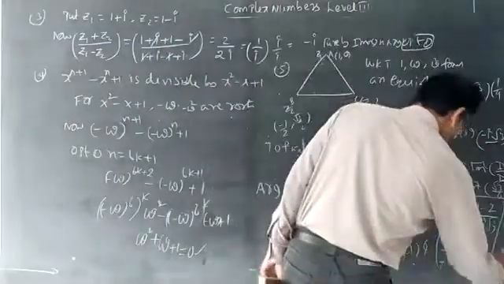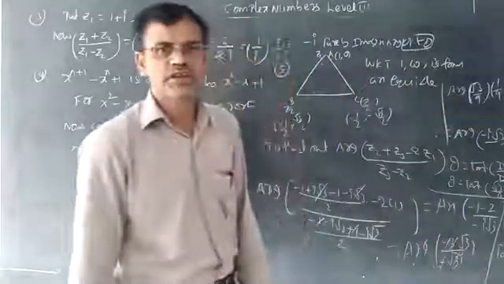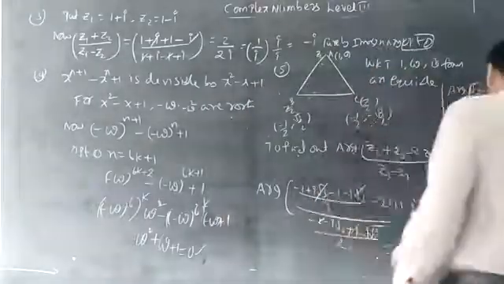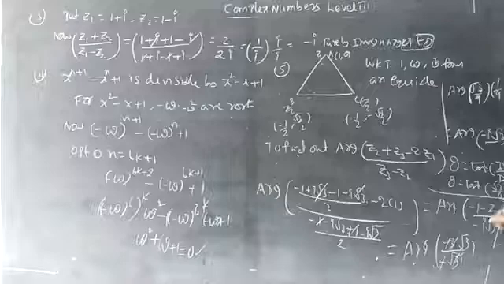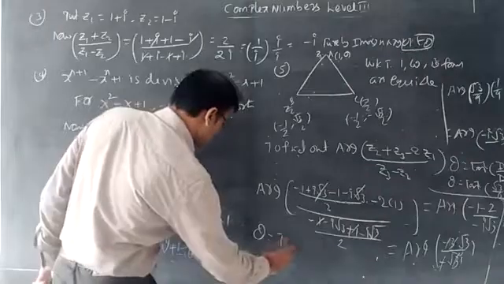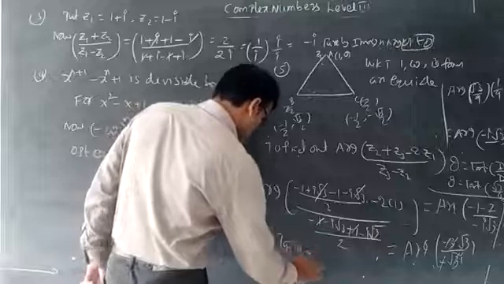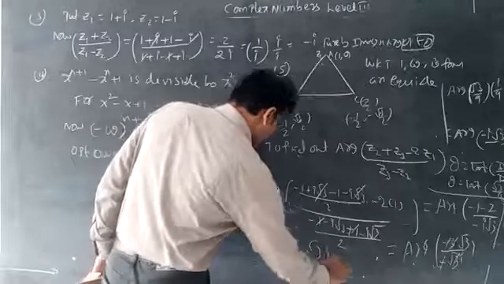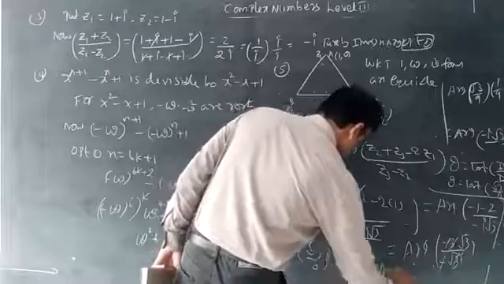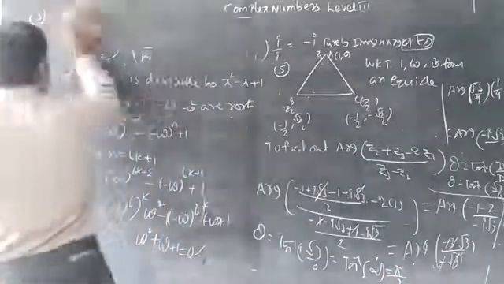Tan of 90 degrees is infinity, so tan inverse infinity means pi by 2. So the argument of this complex number using the given condition is pi by 2.